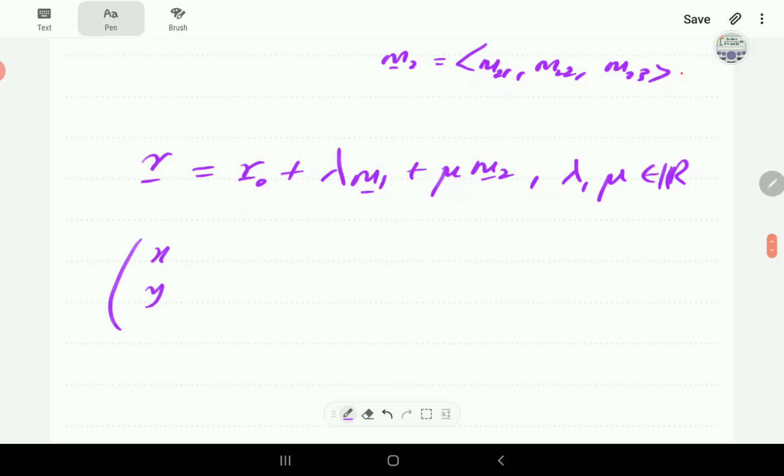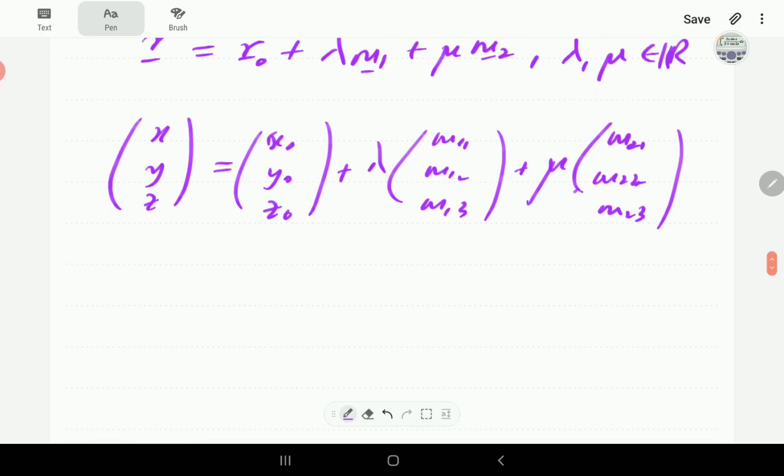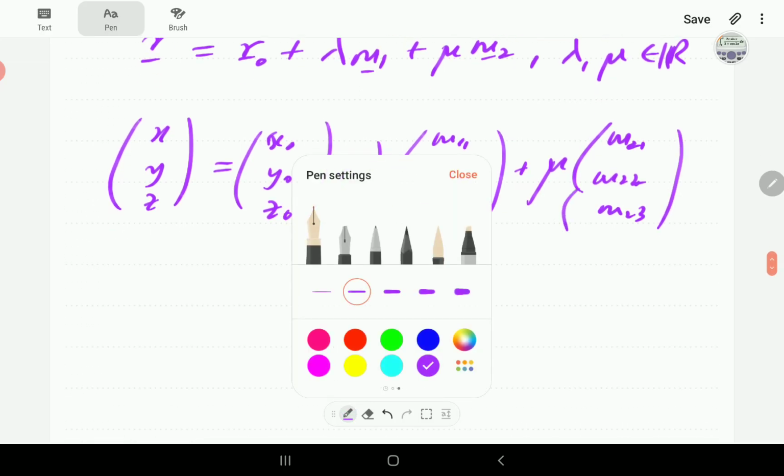If we write this out in component form, that's going to be x0, y0, z0 plus lambda m11, m12, m13 plus mu m21, m22, m23. So that's the vector equation.